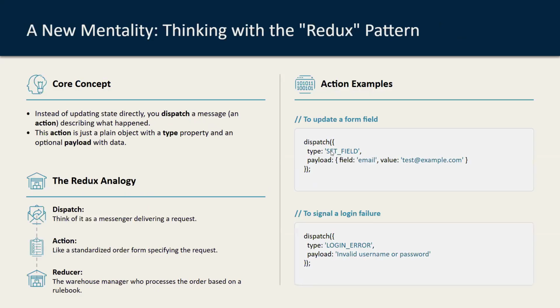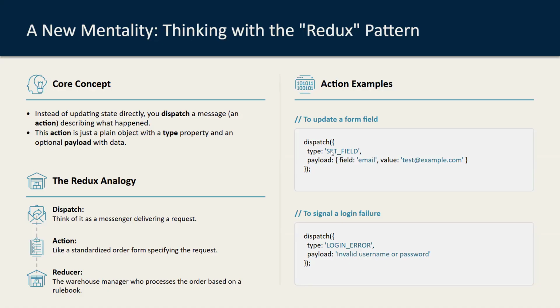Okay, so instead of just updating the state directly, what can actually be done is that you could dispatch a message, and this is where the mindset changes. Instead of thinking that I want to update this piece of state directly, we start thinking that an action has happened and I want to describe that action clearly.